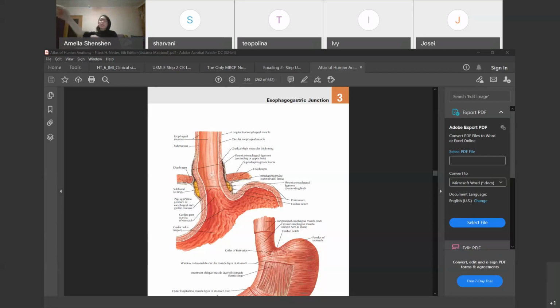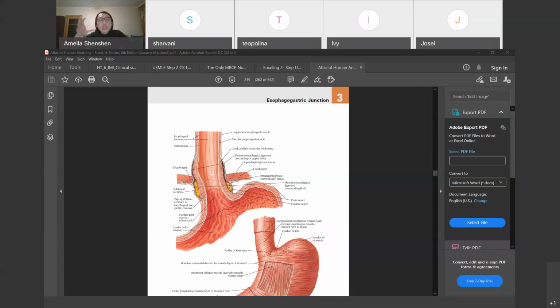And your mucosal layer consists of a few elements as well: your epithelium, your lamina propria, and your muscularis mucosa. These are the things that constitute the mucosal layer.